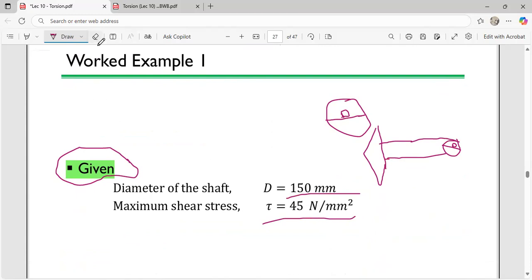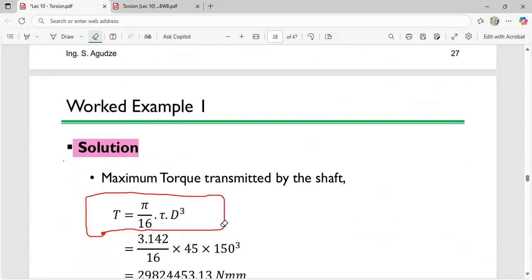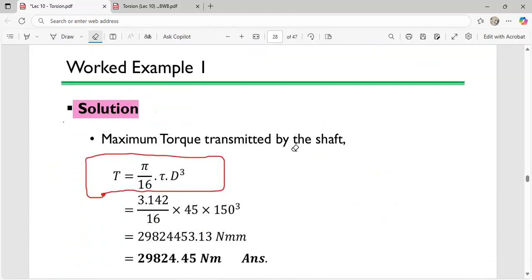As simple as that. So the maximum torque transmitted by the shaft is given as T equals pi over 16 times the maximum shear stress times the diameter cubed. It's just a matter of substituting whatever has been given to you.